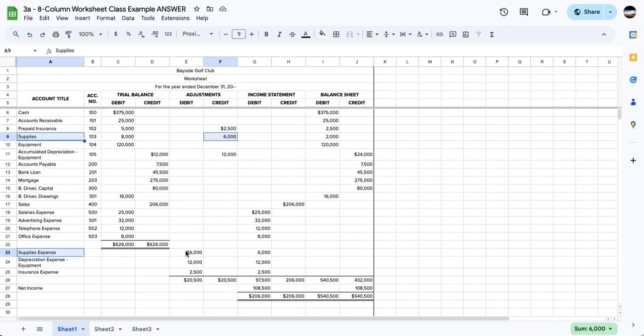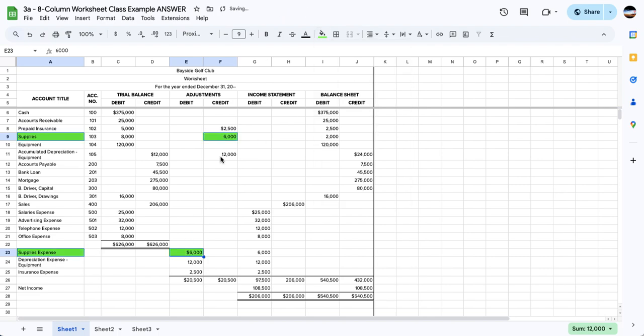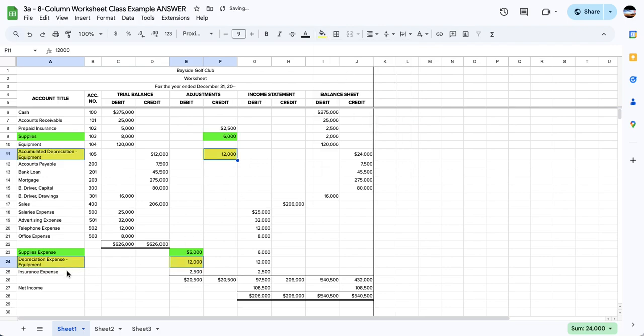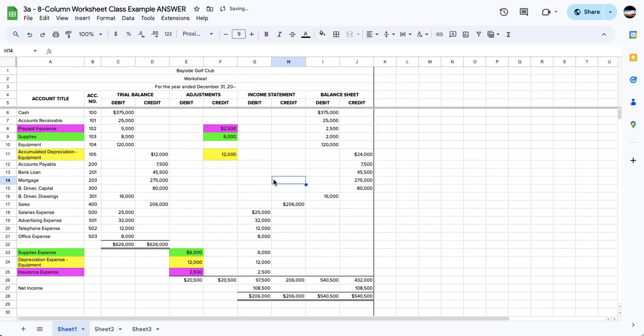So that was our supplies adjustment. We had a depreciation expense that went to our accumulated depreciation. And finally, our insurance, we used up half of it in this case. So those are your 3 adjustments.